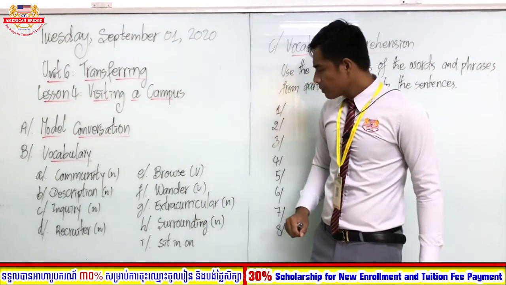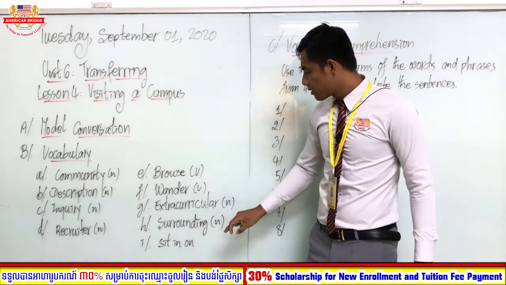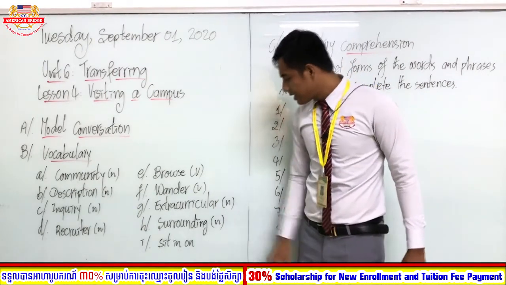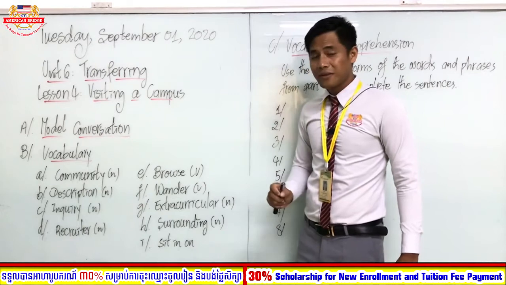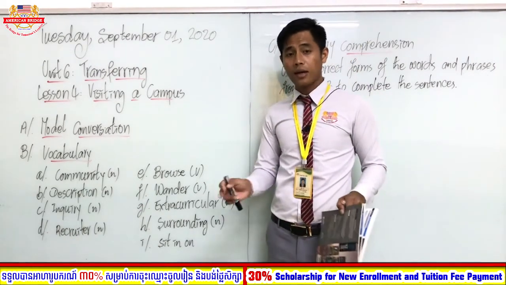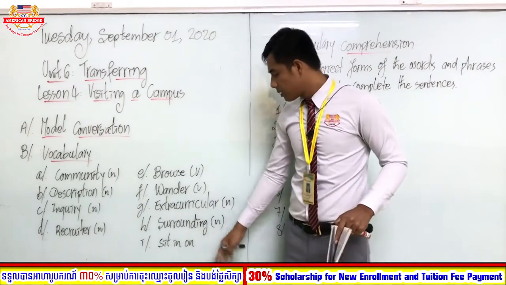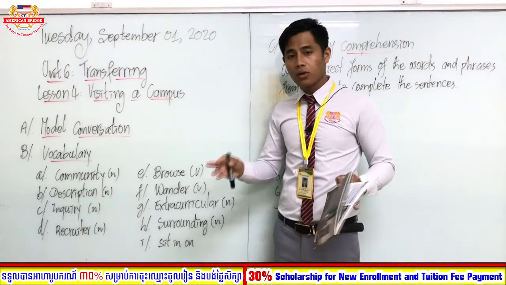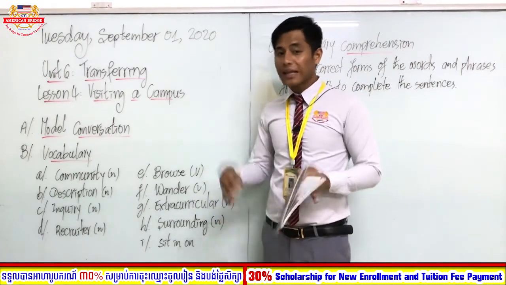Next. Surrounding means near or nearby. And sit in on means attend to study, go to study. For example, sit in on a class of English means go to study in the class of English.